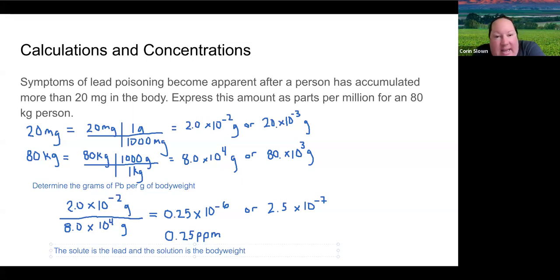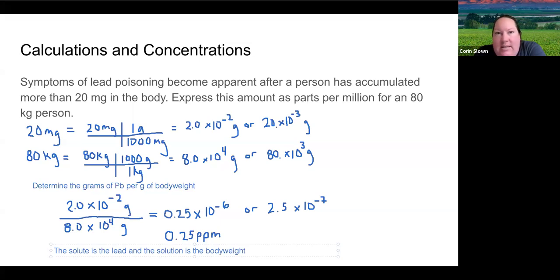So the reason why we think about concentrations like this is because especially heavy metals like lead actually require very little exposure in order to cause harm. In fact, I've posted in our Canvas link an article that reported about the Flint, Michigan crisis. And there's some really interesting data in there about thresholds and how those thresholds change. Notice, right, this is for an 80 kilogram person.